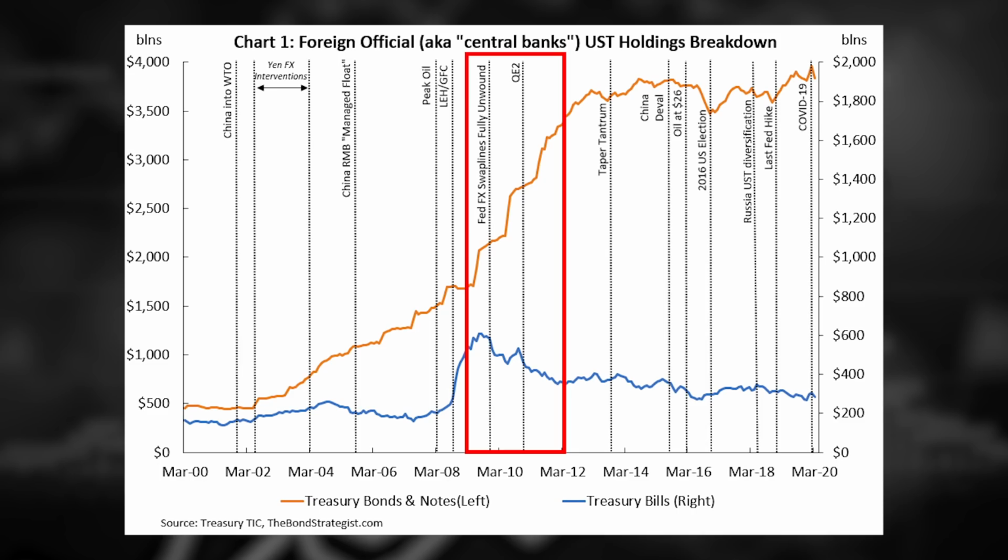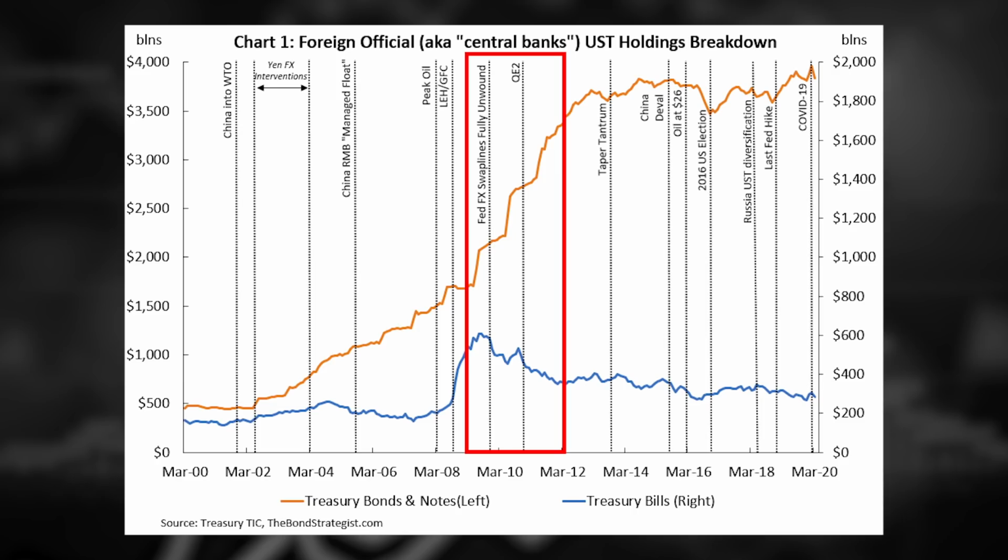And you see that the central banks, what I write in the piece, and I think it's self-evident, when the Fed is buying as many Treasuries as they were during QE1, QE2, QE3, you have a kind of backstop. And so the other central banks, which are part of this global system which the Fed is also part of, think, well, if the Fed is buying all these Treasuries, I should buy them too. And so you had that really big impulse higher. Now, part of it is naturally happening as commodity prices go up, or as these countries export more goods to the U.S. There are more dollars circulating overseas, and so they have to put the money somewhere.